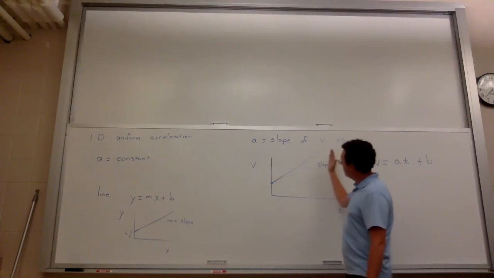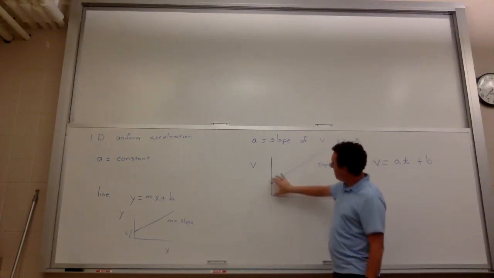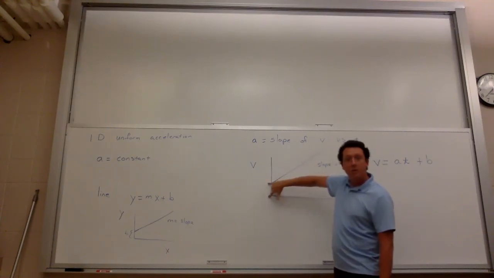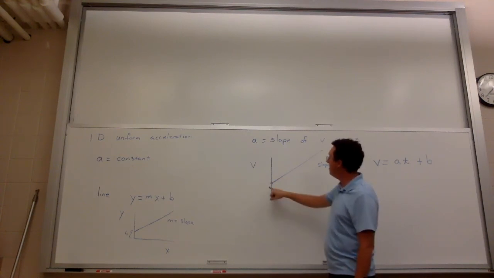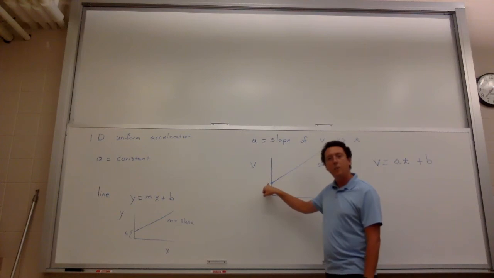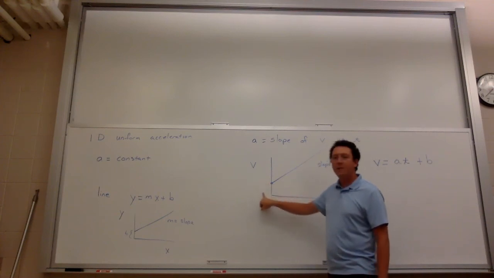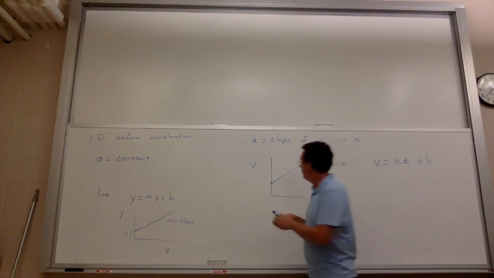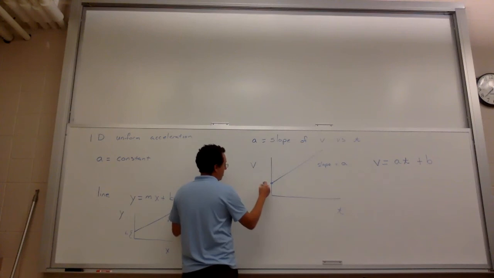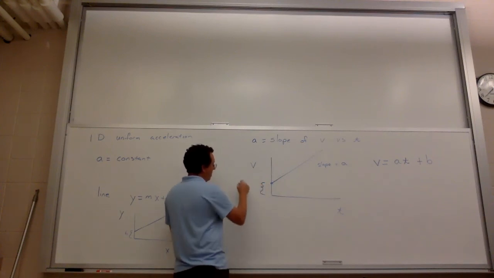For us, that would be the height of the graph when time is 0. What does that mean? That would be the velocity when time is 0. So instead of calling this b, which doesn't give us a clue as to what it means, this height right here would be the initial velocity.